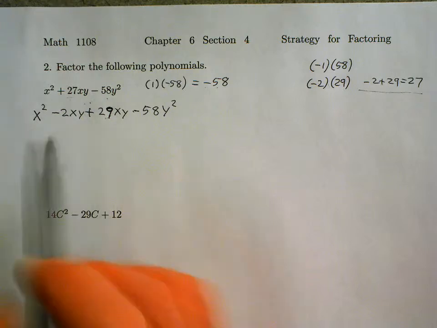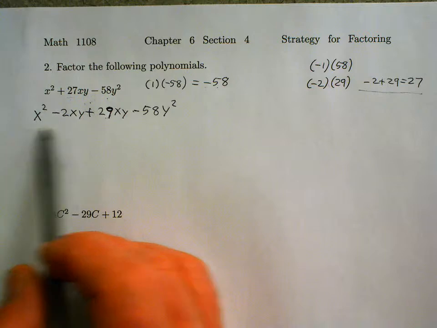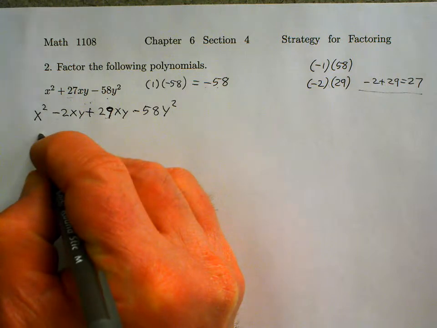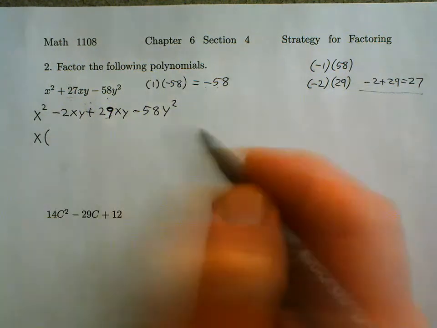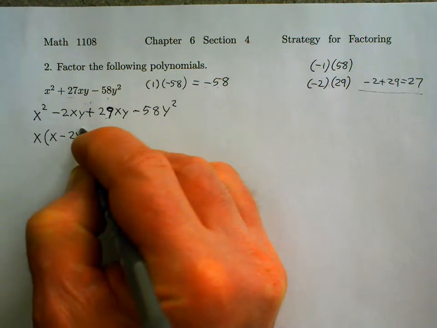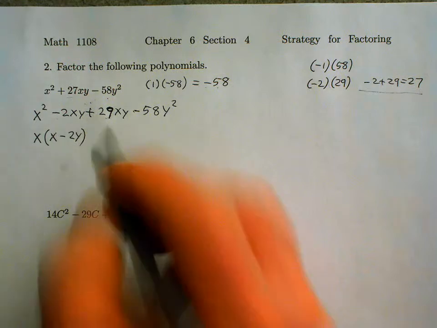Okay, then we factor by grouping. Out of the first two terms, x squared minus 2xy, the greatest common factor is x. And when we factor x out, the binomial is x minus 2y. And then we bring down the middle operator of addition.